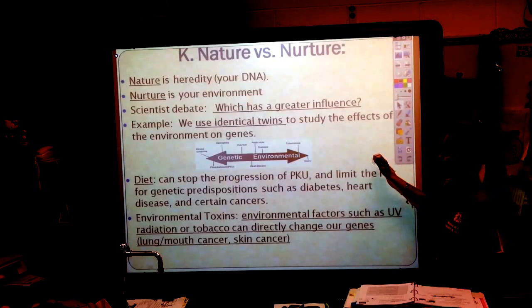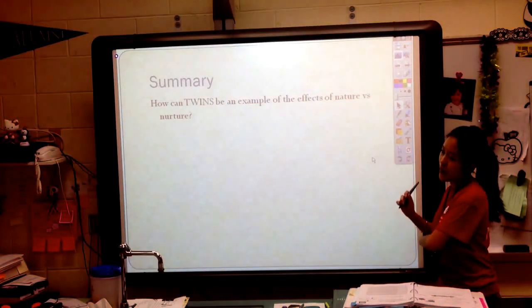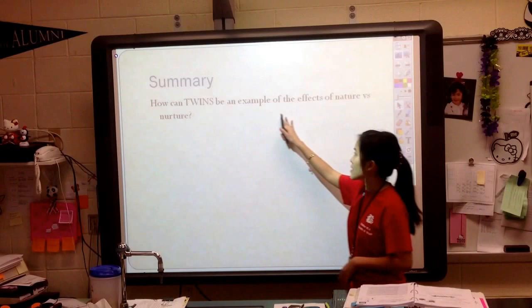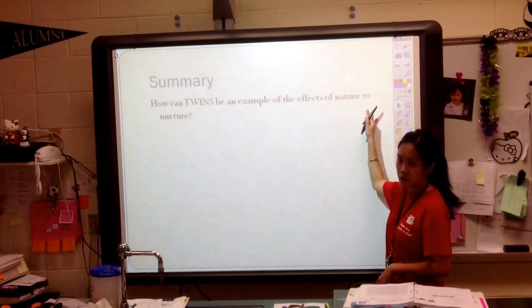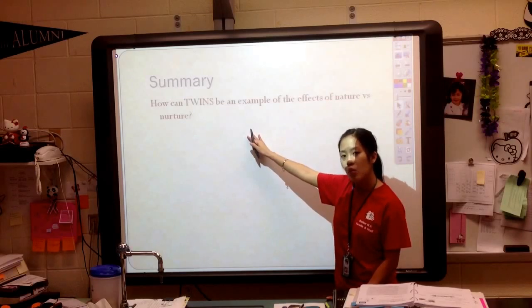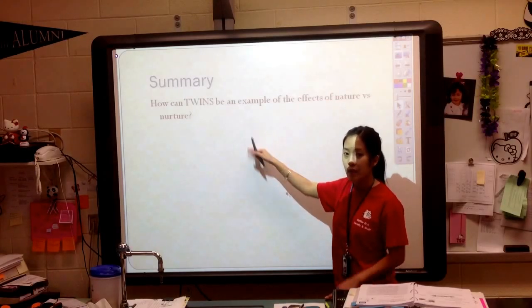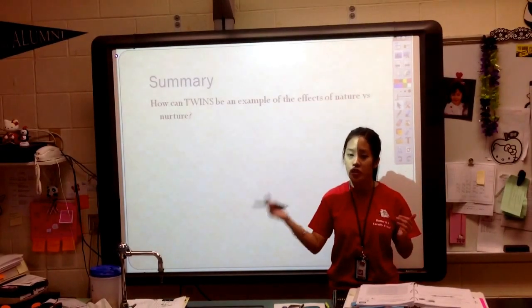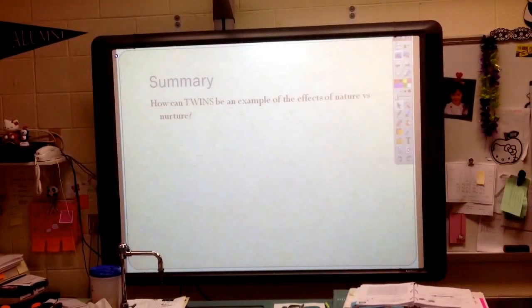And for the last thing, in your summary box, copy down this question: how can twins be an example of the effects of nature versus nurture? And answer it. Give me an example. Why do you think that they could be a good example of nature, your DNA, versus nurture, your environment? And that's all for today's notes.